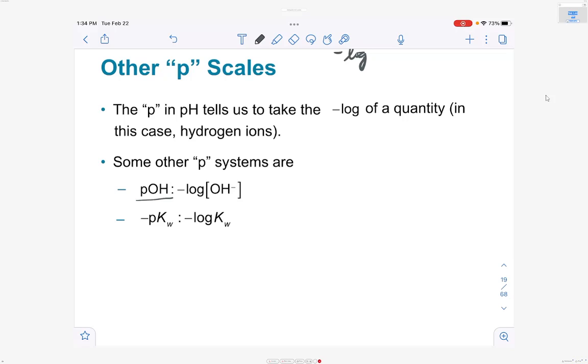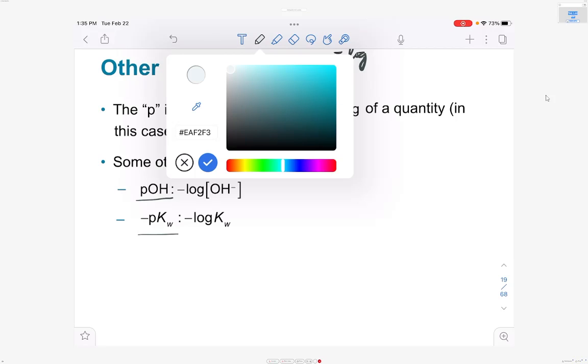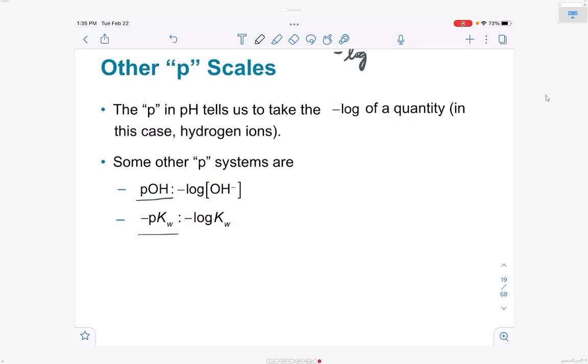If you take the negative log of the Kw value, it's called pKw. Sorry, the negative sign on the slide is a mistake. Please delete this negative sign. It should just be pKw.